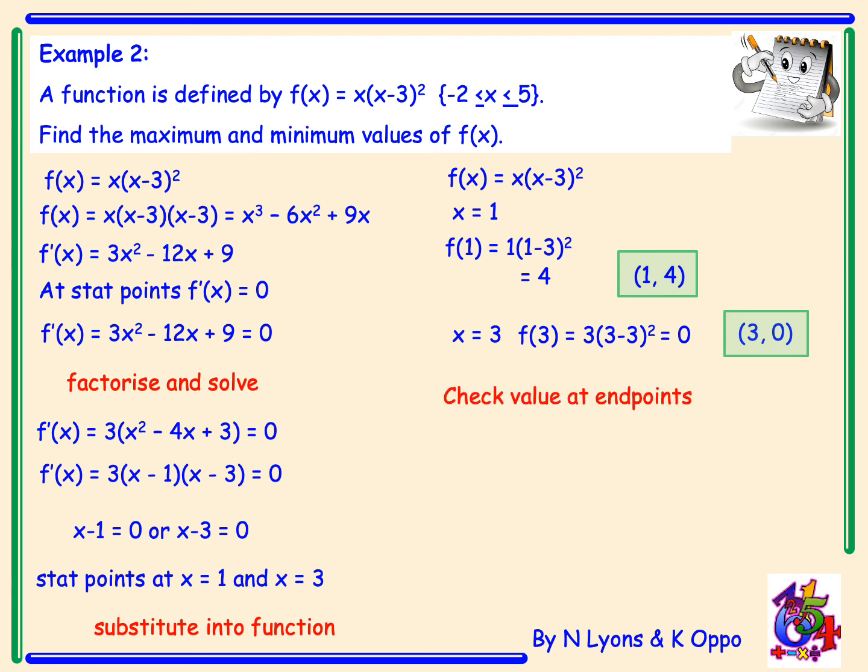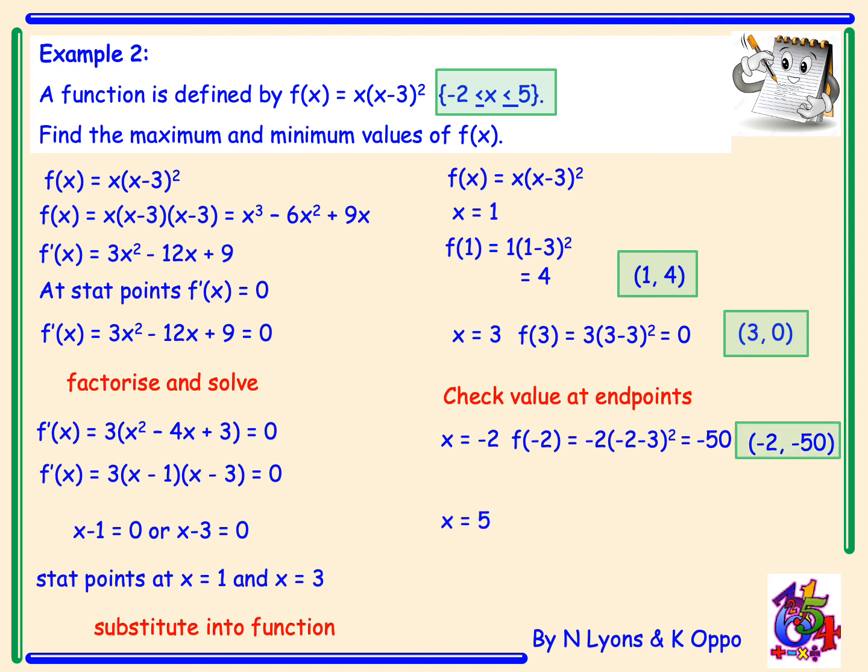Before I can finish off here, I'm going to have to check the value at these endpoints. The endpoints were when x is minus 2 and when x is 5. So when x equals minus 2, f at minus 2 equals negative 50. So I need to consider the point (minus 2, minus 50). And when x equals 5, the function at 5 equals 20.